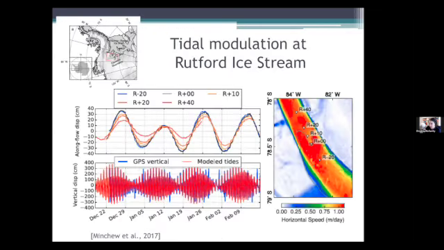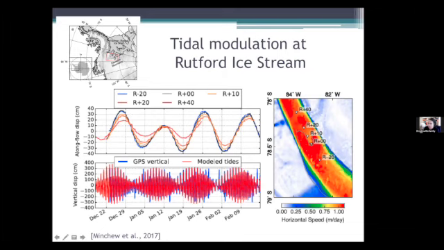So some of them are modulated by the diurnal tide. I really like this nice study of Rutherford ice stream, where they have GPS aligned along the center part of the ice stream, where the number denotes the distance in kilometers from the grounding line. And then here is the tide signal.